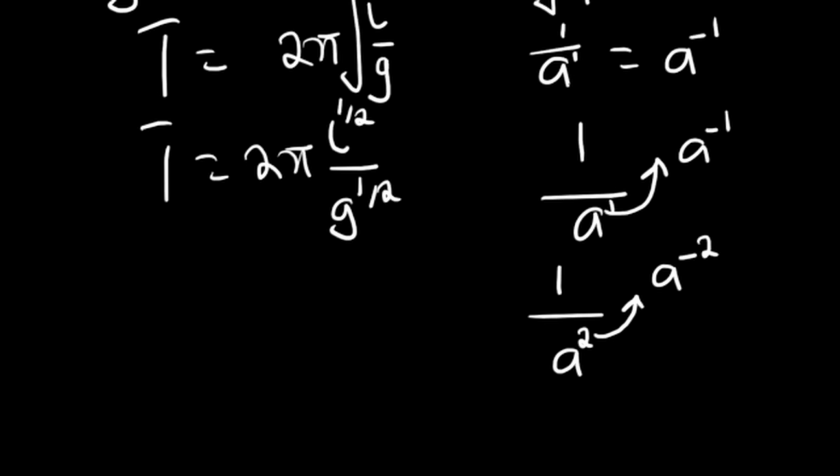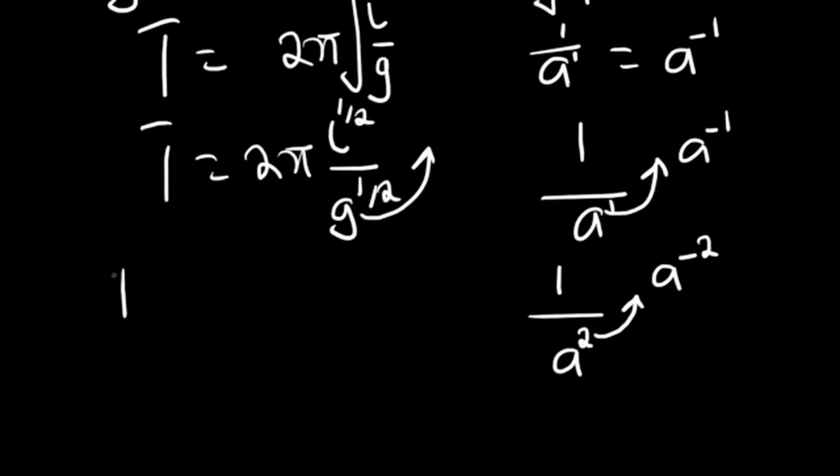So with that, I'm going to remove this G from the denominator by taking it to the top. And remember what's going to happen to the power. The power is 1 over 2, and down here it's a positive number. Now, when I take it from the denominator upwards, it's going to become a negative number. Here is what's going to happen.